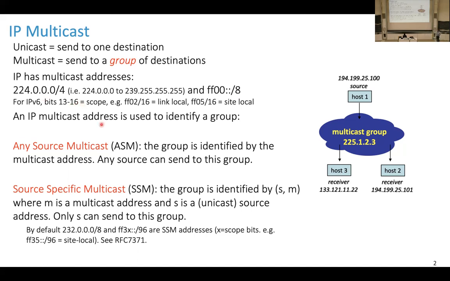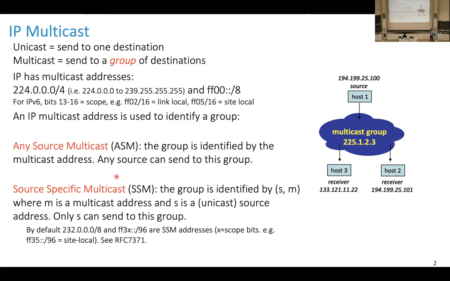on multicast. There are two ways to do multicast. Multicast, of course, is used to identify a group. The first is any-source multicast, which means that you have a multicast address and anybody can send to this multicast group. You just need to have the multicast address. The other way is called source-specific multicast.